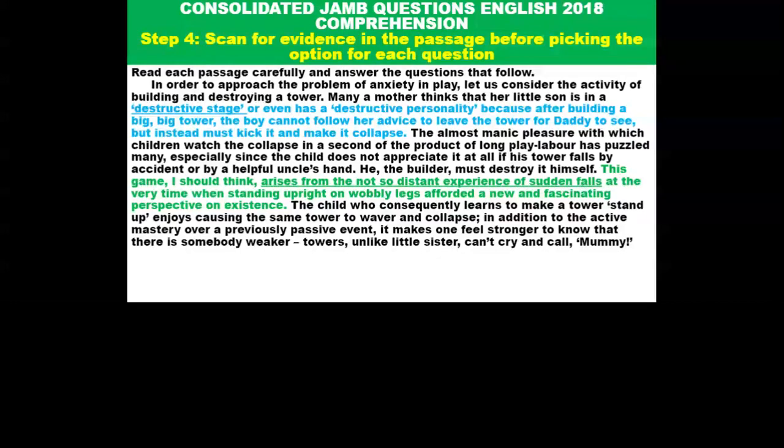Now, the portion in green shows us exactly the evidence. You can see here, this game, I should think, arises from the not so distant experience of sudden falls at the very time when standing upright on wobbly legs afforded a new and fascinating perspective on experience. So you can see the underlined words arises from the not so distant experience of sudden falls.